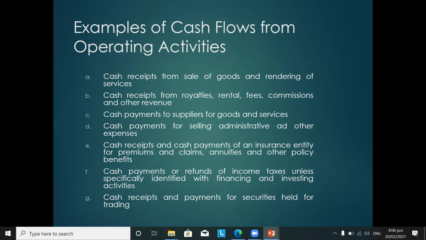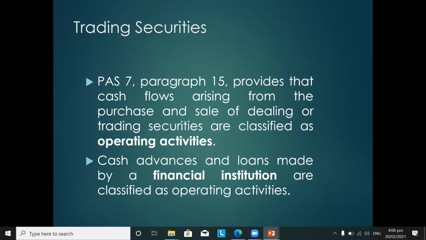But in addition to that, transactions pertaining to trading securities are also classified as operating activities, which means if there are purchase and sale of dealing or trading securities, you will include that as part of your operating activities.